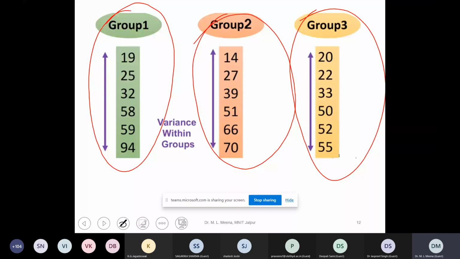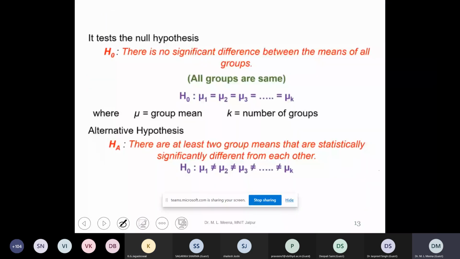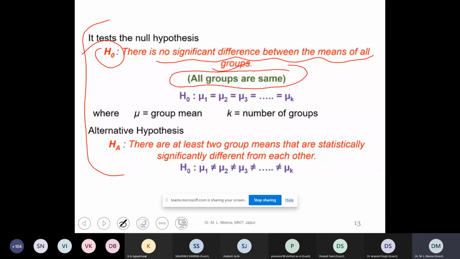So actually ANOVA is based on hypotheses, and these are important for ANOVA. It tests the null hypothesis, denoted by H naught. There is no significant difference between the means of all groups, under the condition that all groups are the same. That means the means are equal.